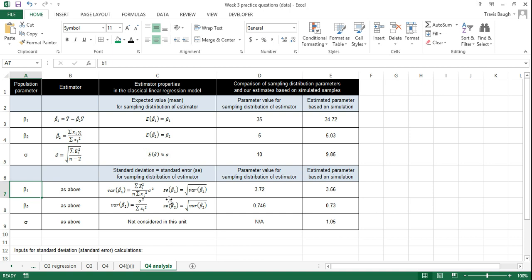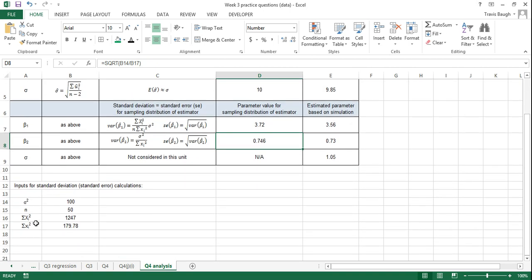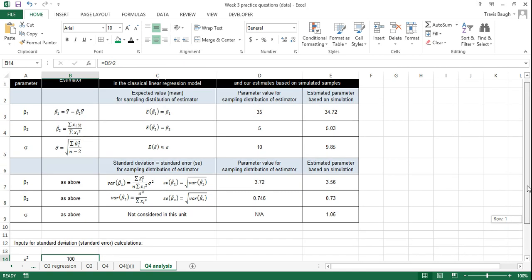Here are the formulas. I've applied these formulas, and you can look at this cell to see how I calculated them. There's a bit of input data that I'm using down here, and they too have formulas that you can follow back. But they're basically in here.